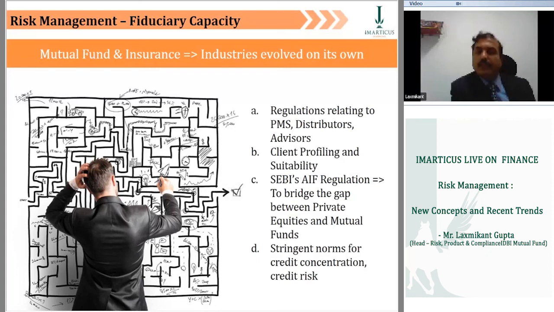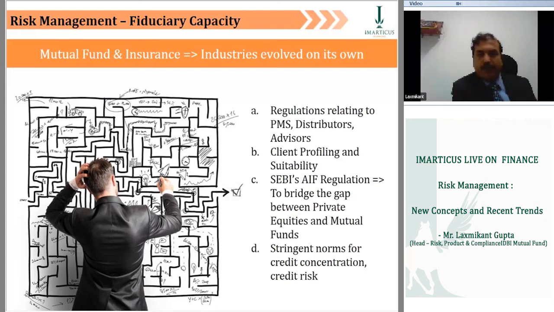SEBI came up with the AIF regulation to really bridge the gap between the private equity business and the mutual fund business. Private equity business had its own issues of non-transparency and risk-related issues, and because it was less transparent, SEBI tried to bridge that gap.